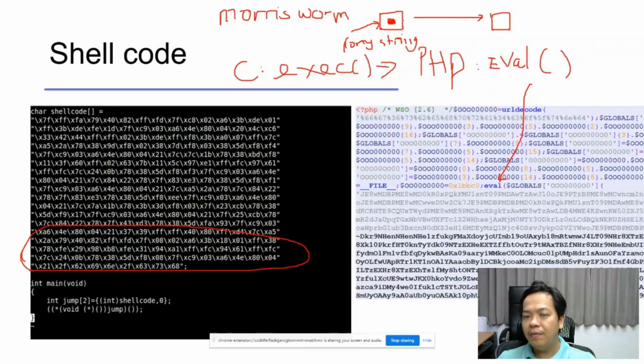This computer has a network program listening on that port, and the Morris worm only sends a long string to this computer.